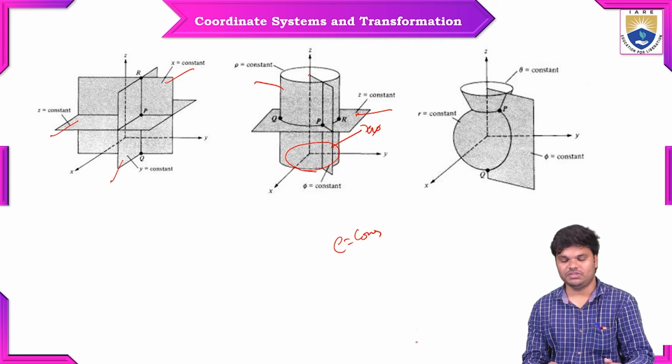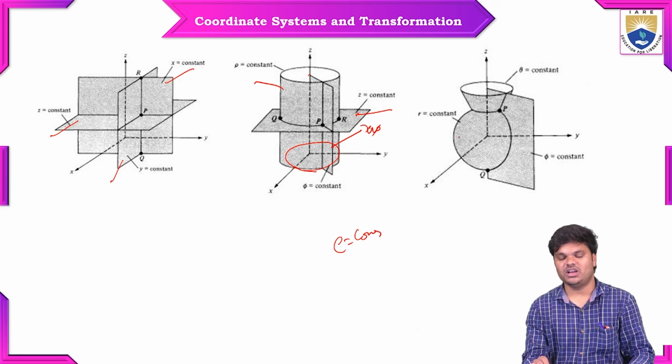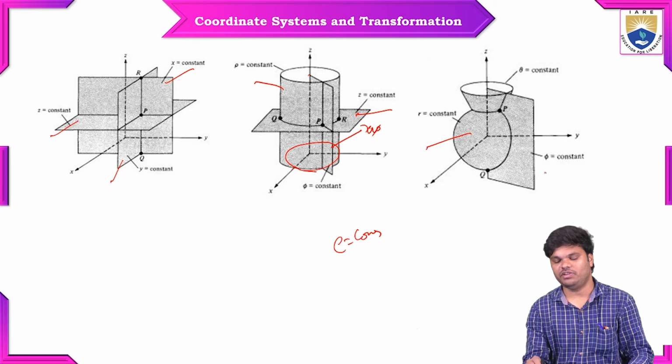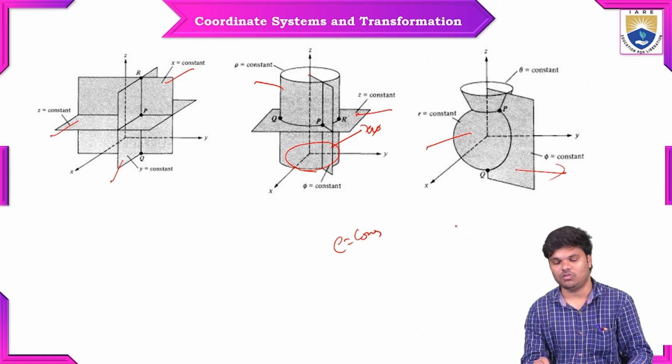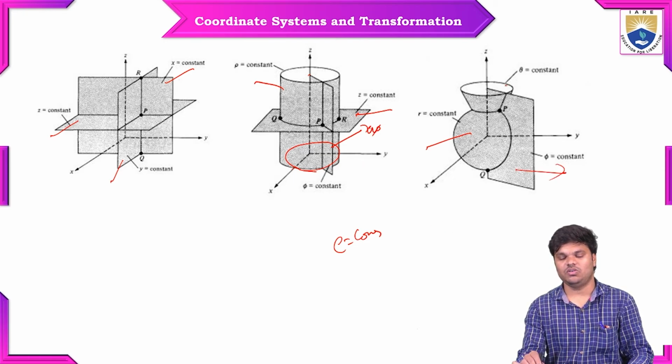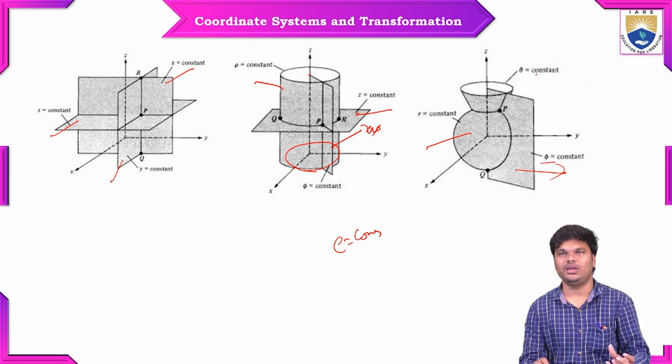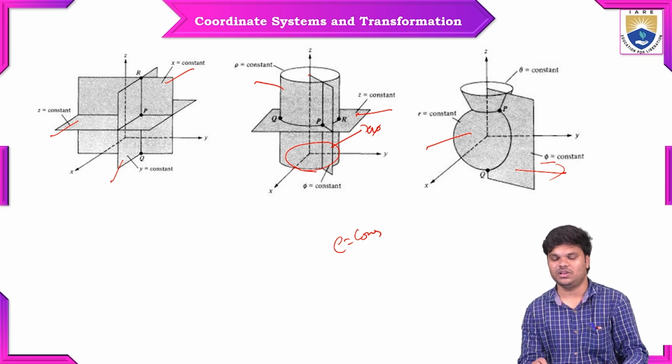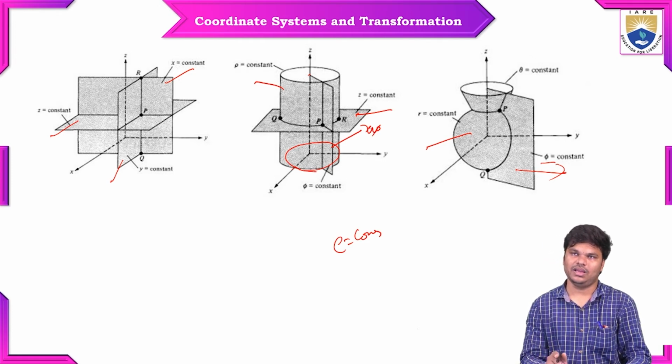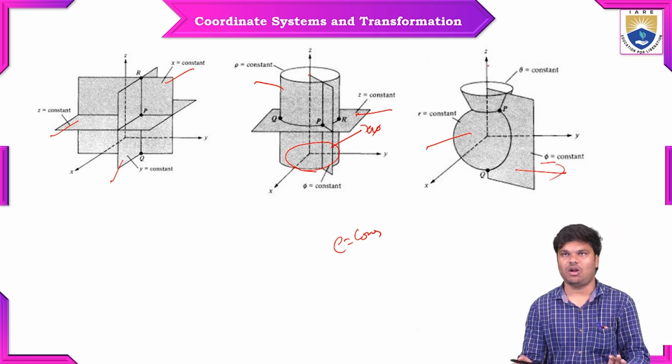So phi is equal to constant plane is a semi-infinite plane. What is r is equal to constant plane in the spherical coordinate system? It is just a sphere. Phi is equal to constant is a semi-infinite plane, as we know already from the cylindrical coordinate system. And theta is equal to constant is a conical surface. If you take any point on the conical surface, the angle it makes with the z-axis is constant.